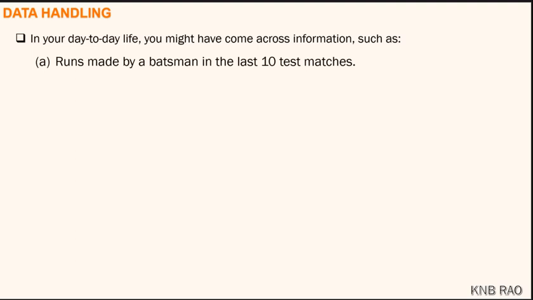As you are aware, today is the 5th day, the test match between Australia and India, and we have a very tough situation: either this match can get drawn or definitely we have bright chances of winning even if they could score as of now 60 runs within maybe 90 balls or 80 balls somewhere around. So we normally track the runs scored by a batsman in the last 10 test matches.